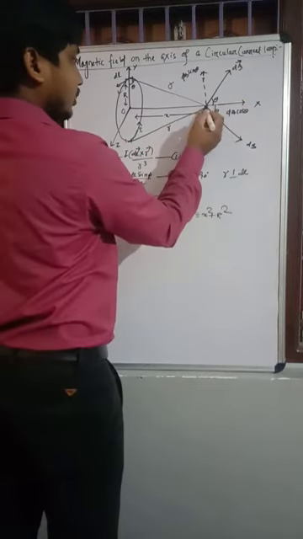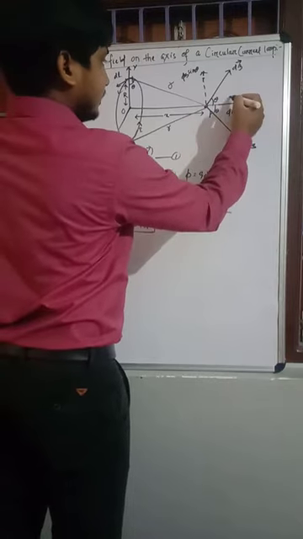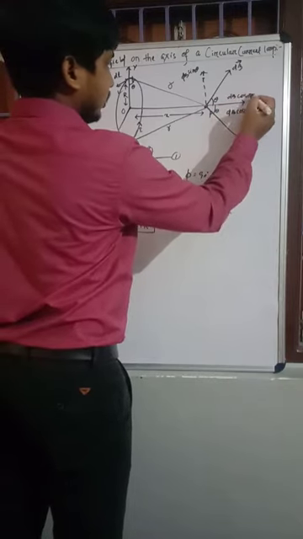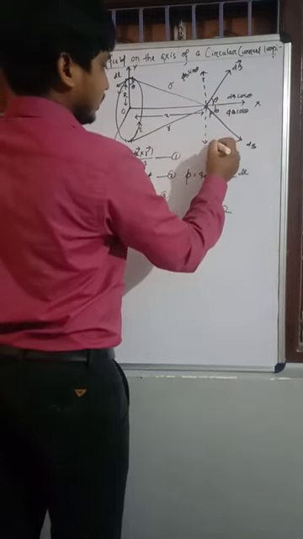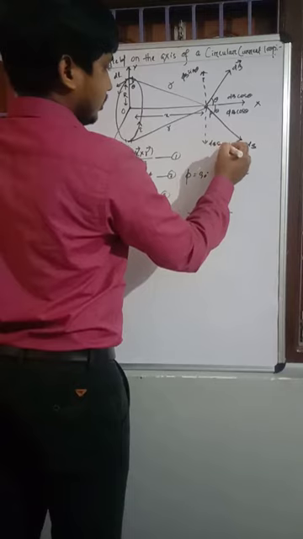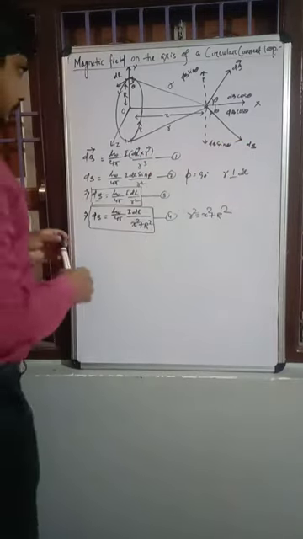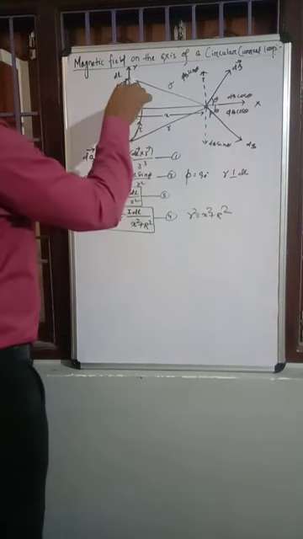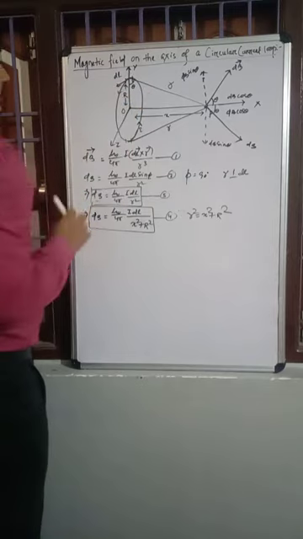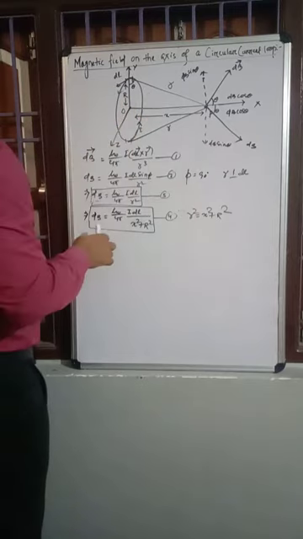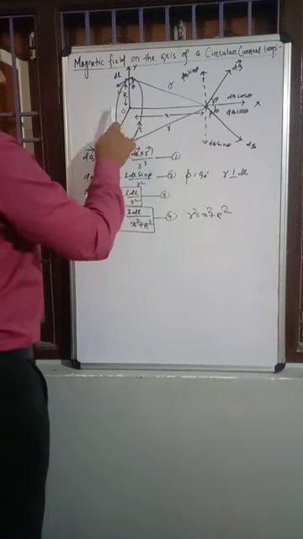And at this point, if you resolve this dB, again you will get along the x-axis dB cos theta, and along the axis perpendicular to it you will get dB sin theta. Or we can also say that for every element on this loop, there will be another element just diametrically opposite to it.